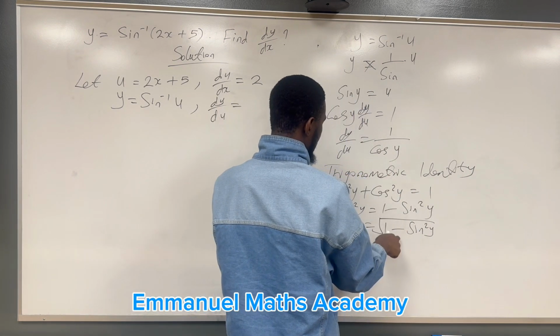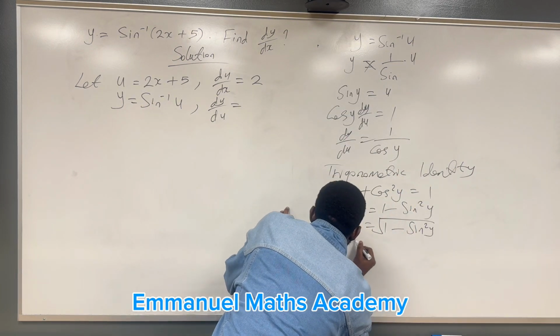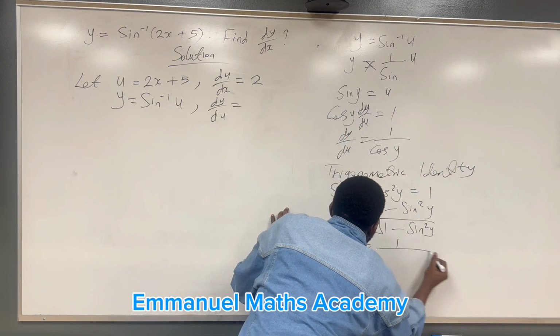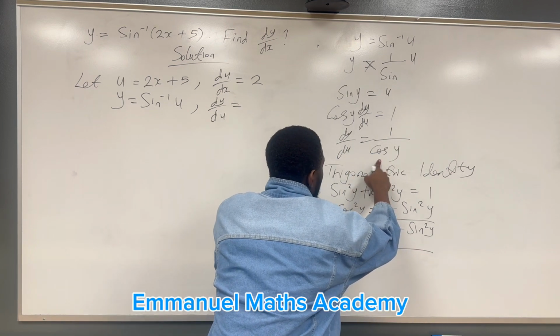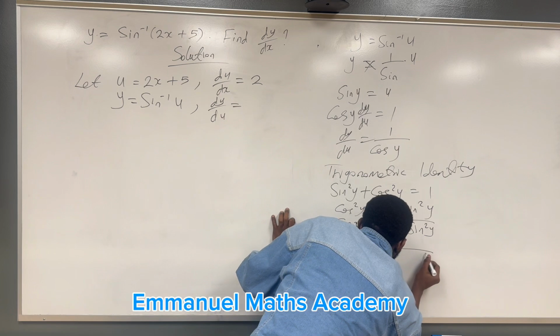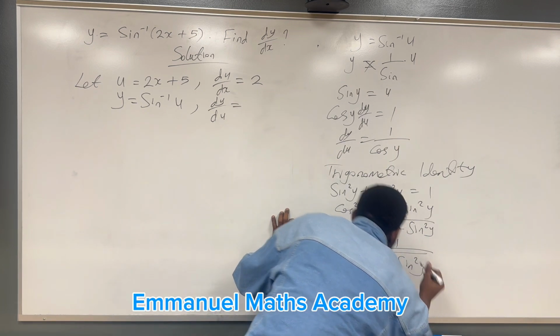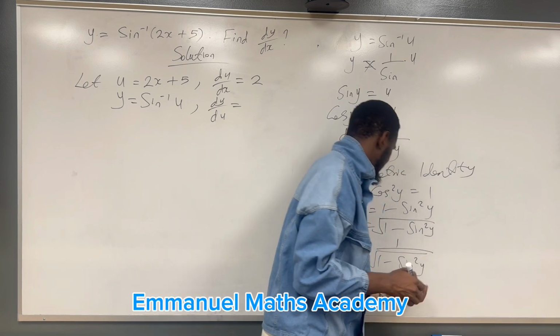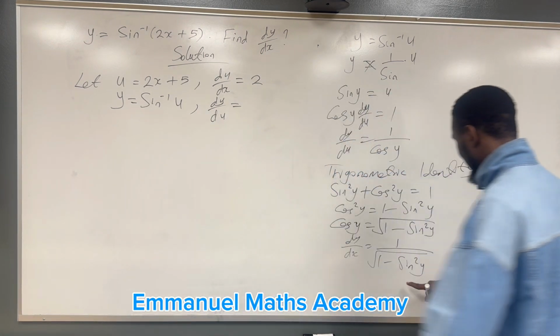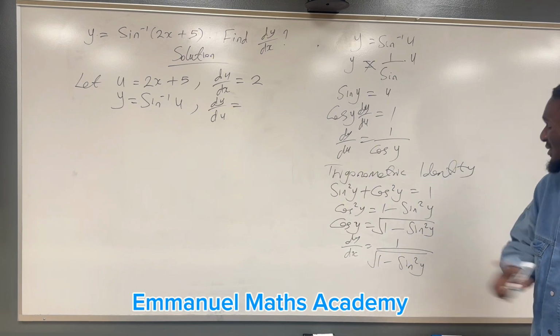Hence, the derivative dy du is equal to 1 over cos y, which is the whole of this. Now substitute this: 1 minus sine square y. Now, we want to get rid of cos and sine.